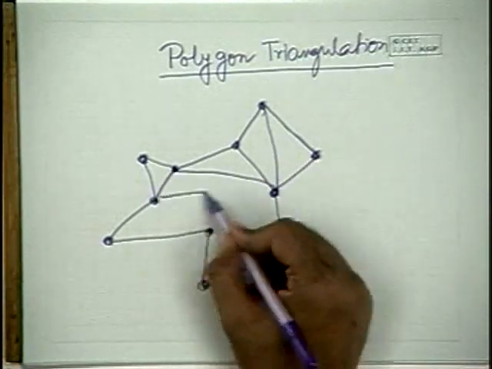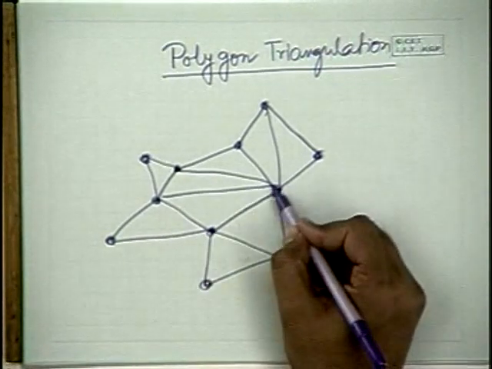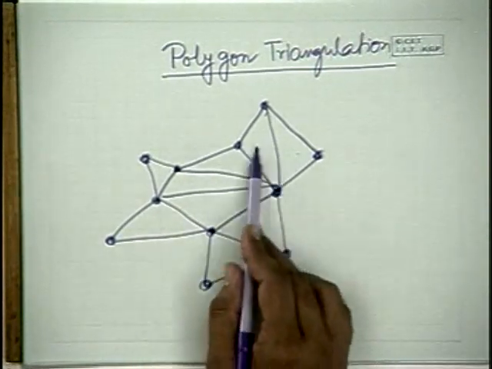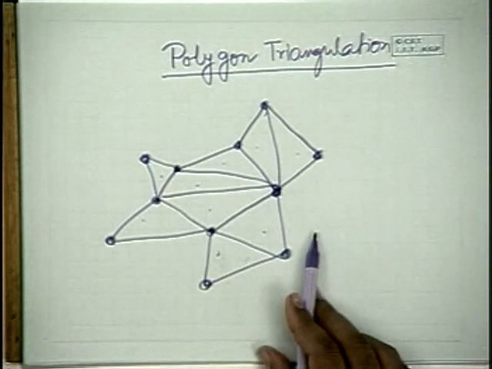I am just drawing one. You can see each one is a triangle now. So the entire polygon is now expressed as a union of these triangles, and the vertices of the triangles come from the vertices of the polygon only. You cannot use any more vertices. So this is called the polygon triangulation.